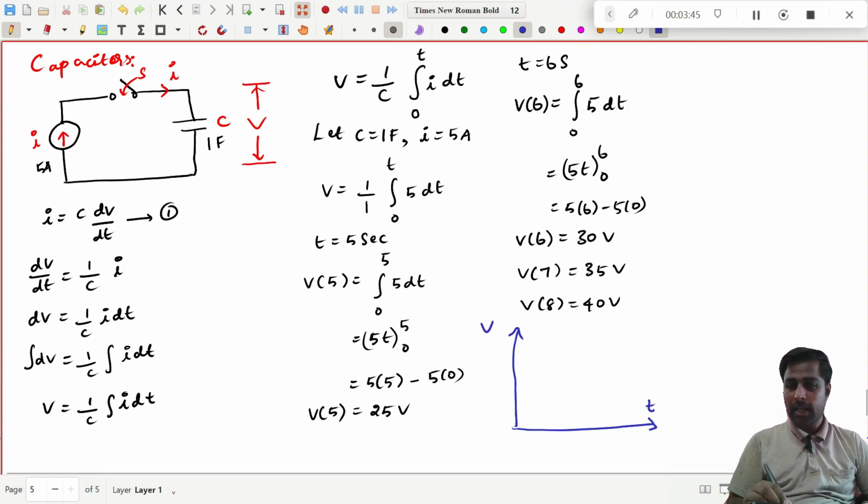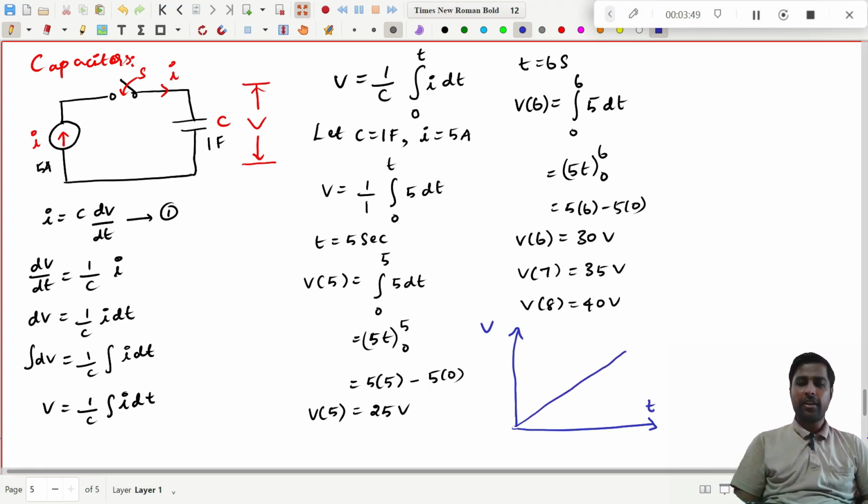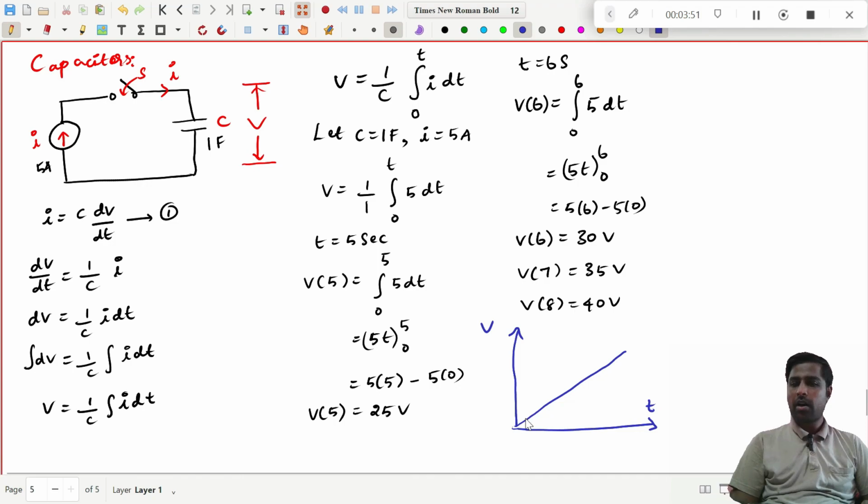So what happens here? Your voltage is increasing linearly here, and up to what extent can this voltage increase? That is again a $1,000,000 question. How much voltage can this capacitor possess? That is the first question.